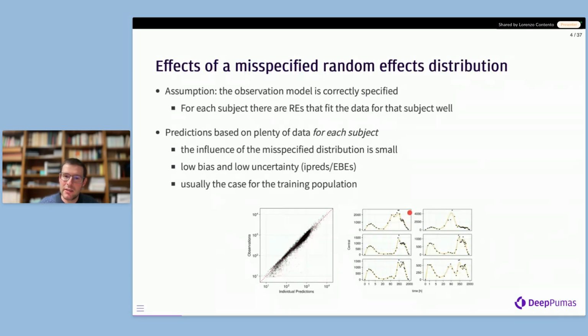And then if you get a bad VPC, you say, I can fit the data by choosing good random effects values, but I do not get a good distribution of responses. So I guess the observational model is right, and the random effects distribution is incorrect. This is not always the case, but when we use a model, we have to make assumptions.